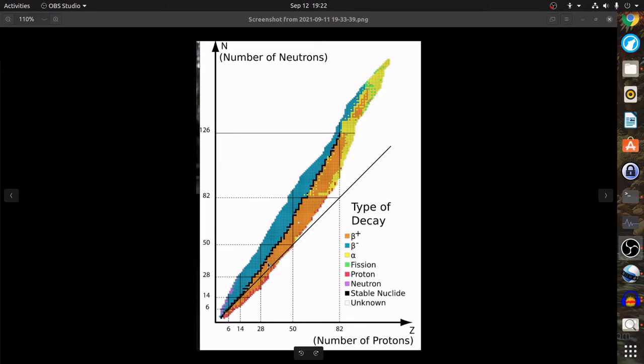We can see that to the right, or below the scattered line of stable nuclides, we are in a region where those nuclei have too many protons to be stable.